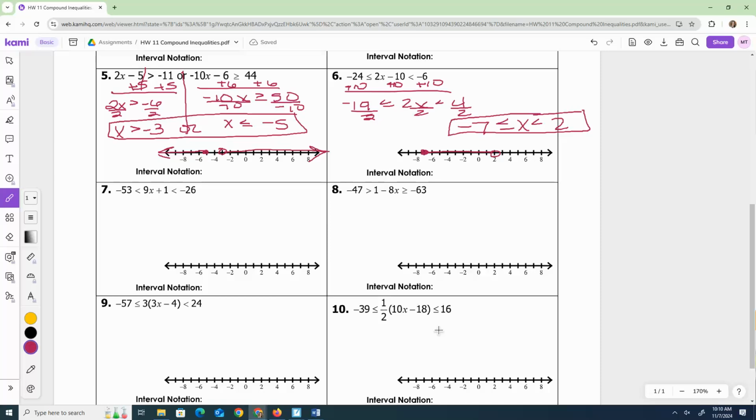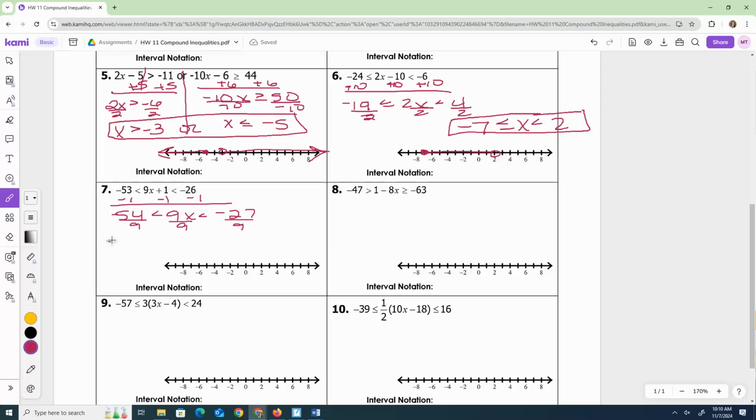Alright. Then, number 7. -1. So we have -54 less than 9x less than -27. And then, does anything flip?